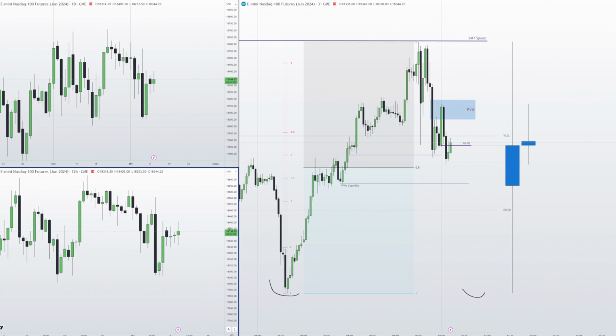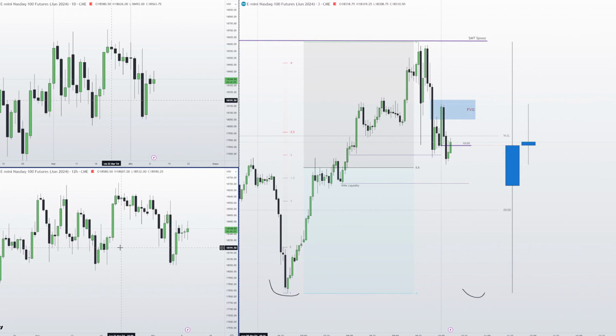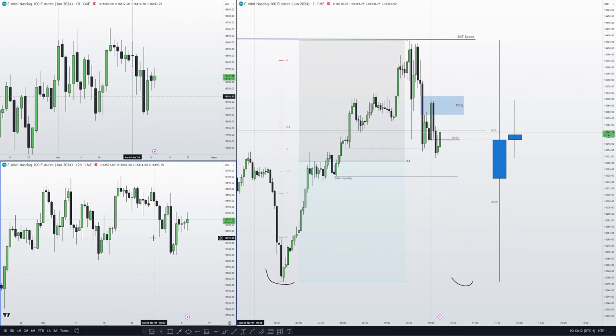For the moment, price in higher time frames and lower time frames, it's in the monthly and quarter accumulation. So it's no moment for thinking swing traders, only scalpings, only little moves.